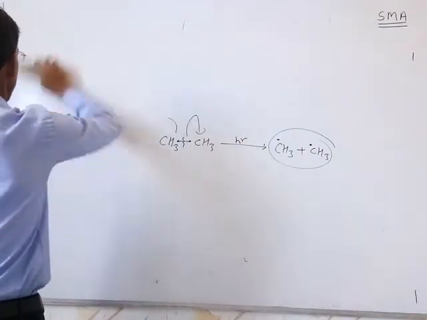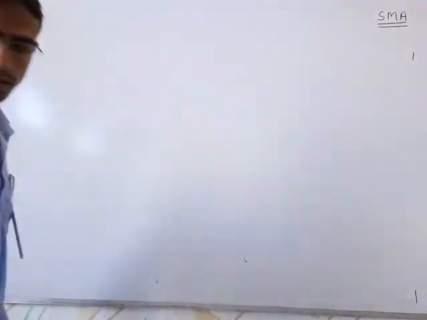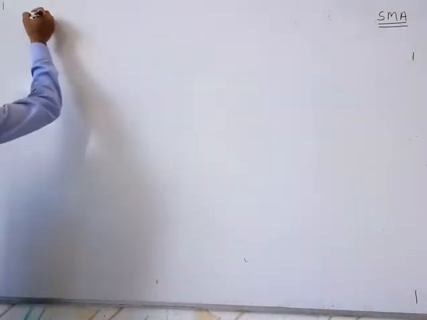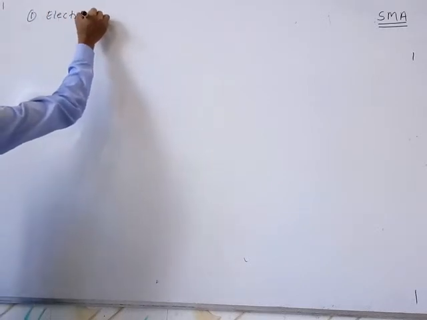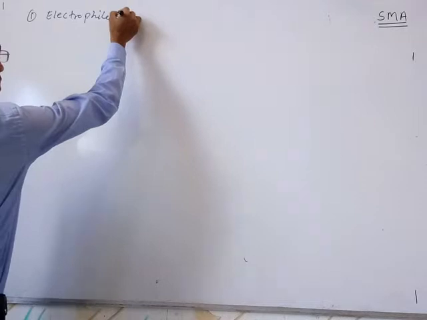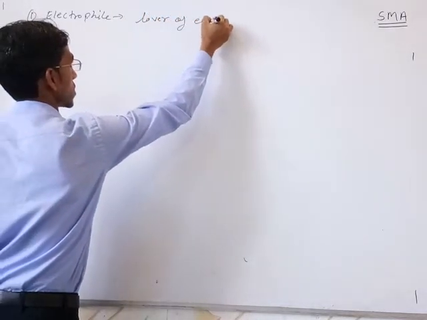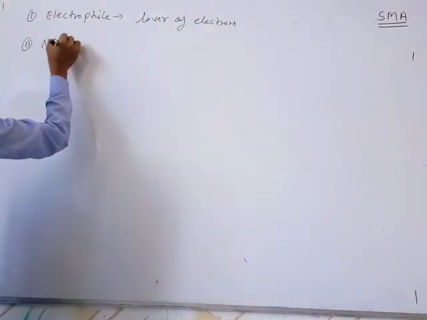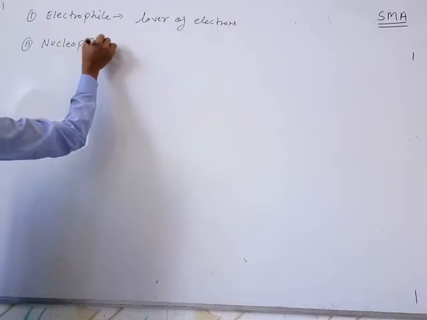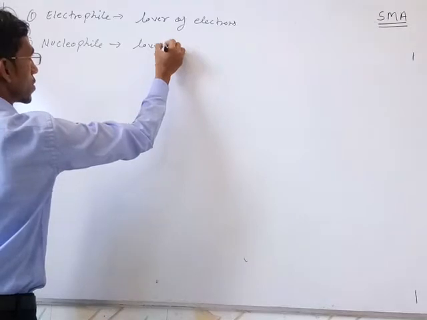Lover of electrons is known as electrophile and lover of nucleus is known as nucleophile. What do we call an electrophile? Lover of electrons. Nucleophile: lover of nucleus.